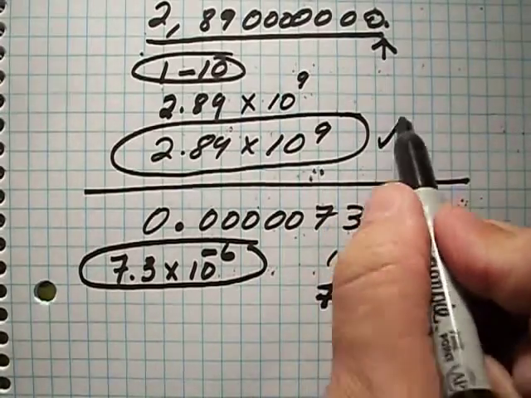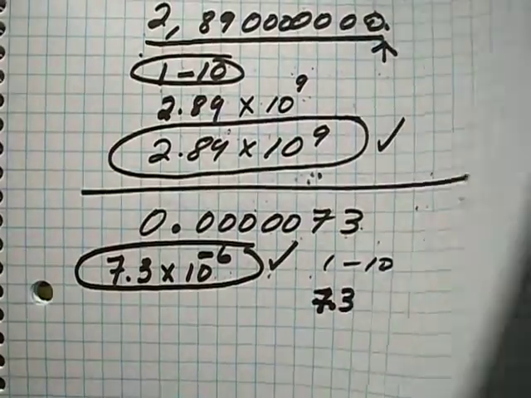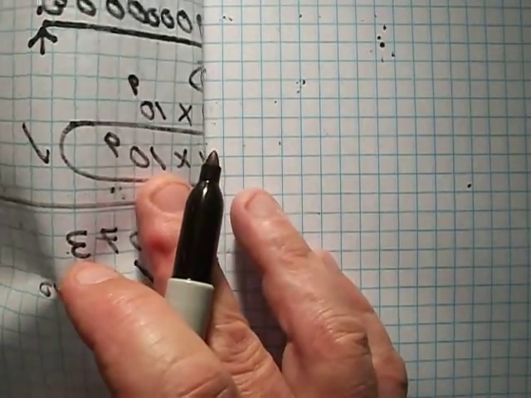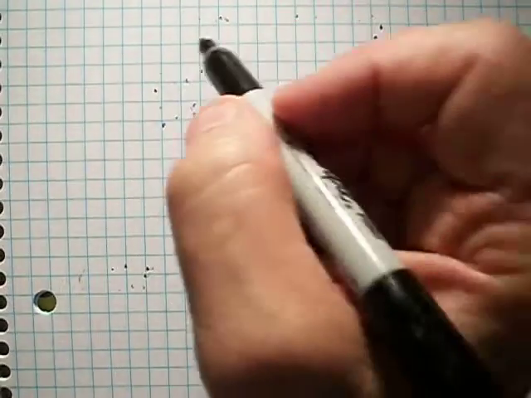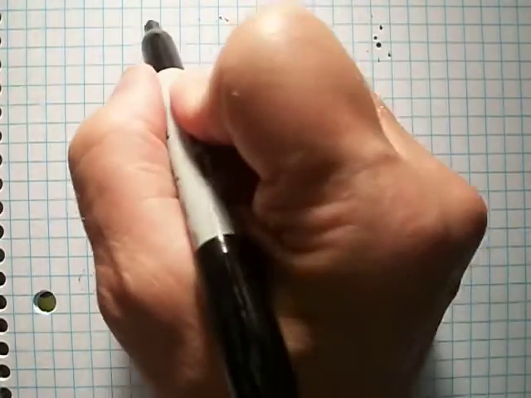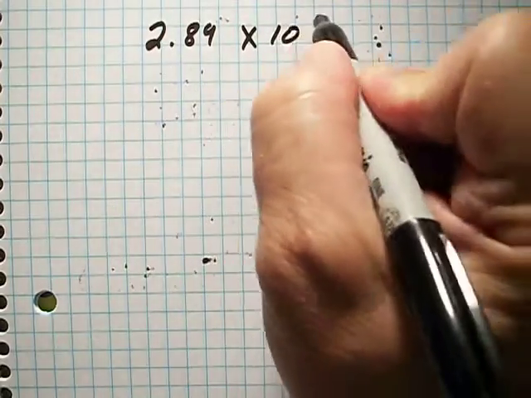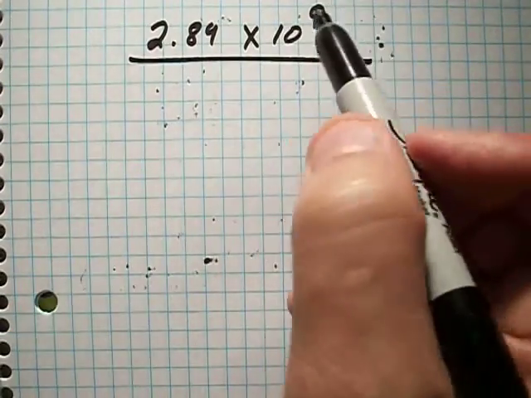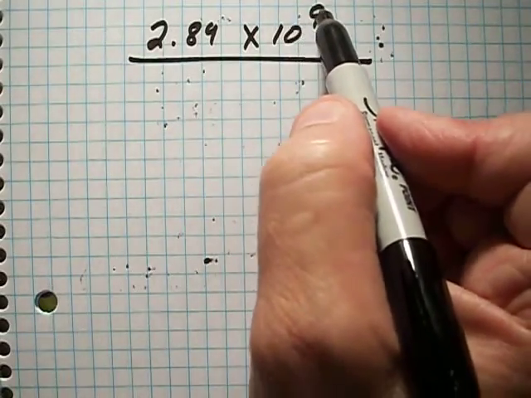Okay, those are both in scientific notation. Now let's go to our third objective, and that is to convert numbers back, when we see them in scientific notation, to the original standard form. So let's look at our first number, 2.89 times 10 to the 9th. To get standard form, we had 9 digits.